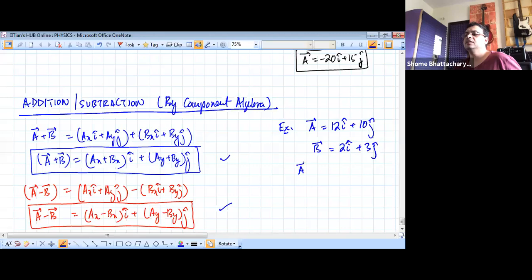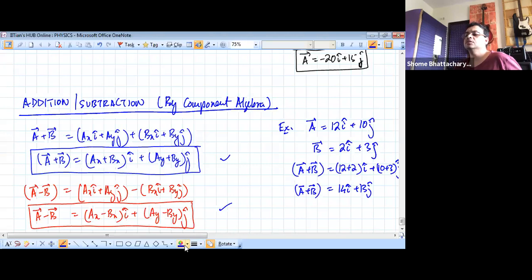Then the vector A plus B will simply become 12 plus 2, that is 14 i cap, plus 10 plus 3, that is 13 j cap. So this will become 14 i cap plus 13 j cap. That will be A plus B.